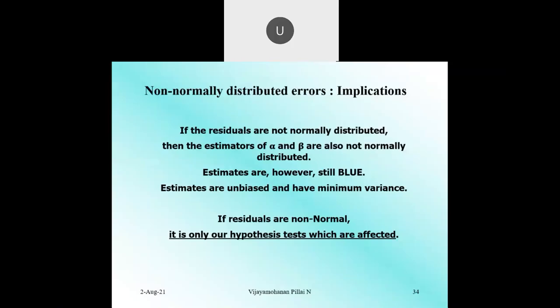And we can have parametric tests based on sampling distributions, that is the t test or the z test or chi-square test or F test, only if the estimates are normally distributed. If they are not normally distributed, then we are not able to do the parametric tests. That is the problem. So the non-normality problem affects our parametric hypothesis tests.